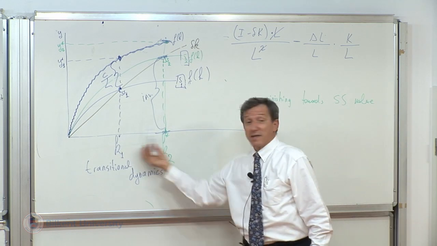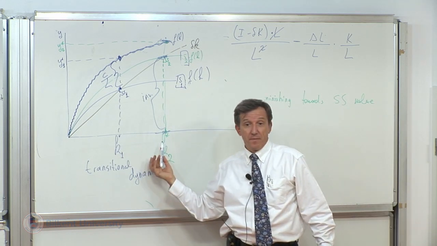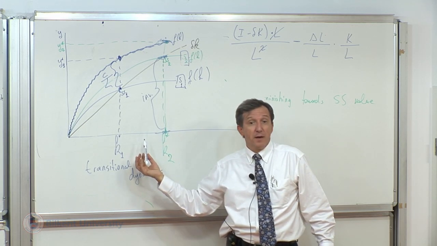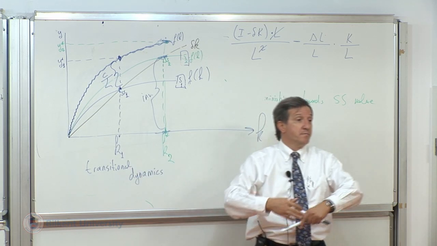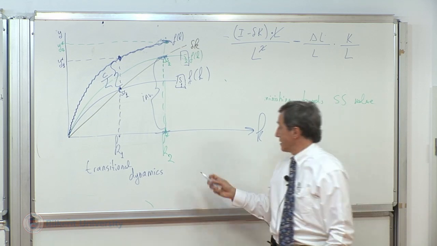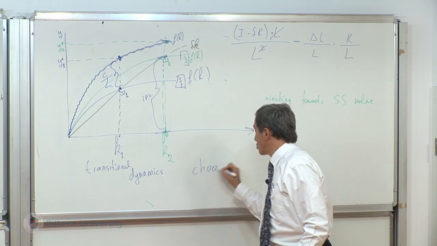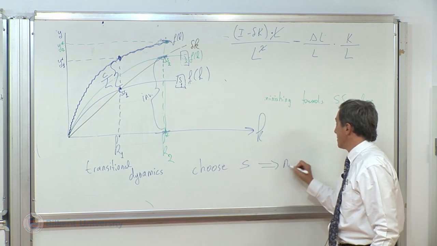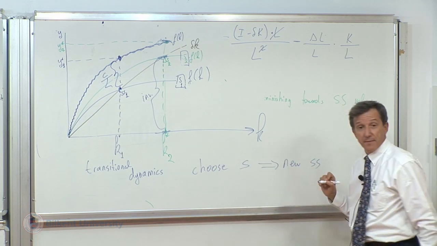There are two possible steady states here, and you are free to choose between them. But in truth, there are millions of steady states. That is, choose S, and it will give you a new steady state.